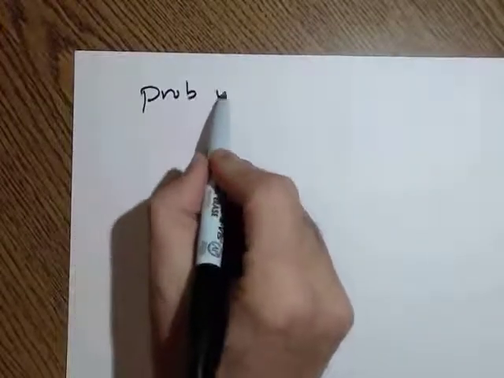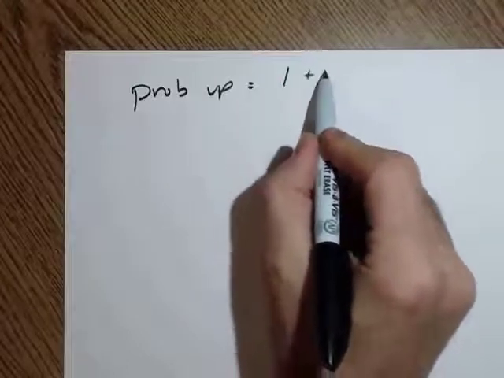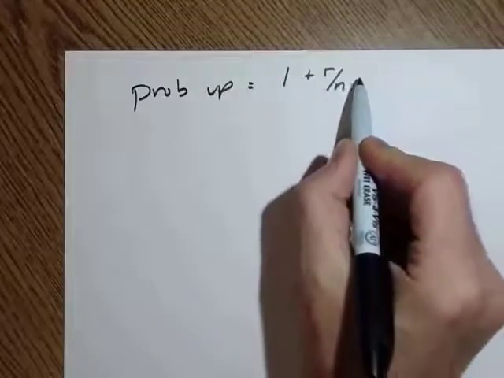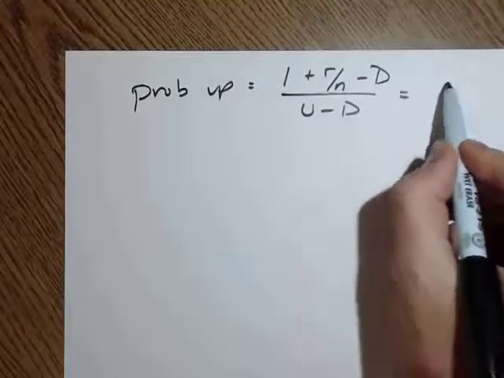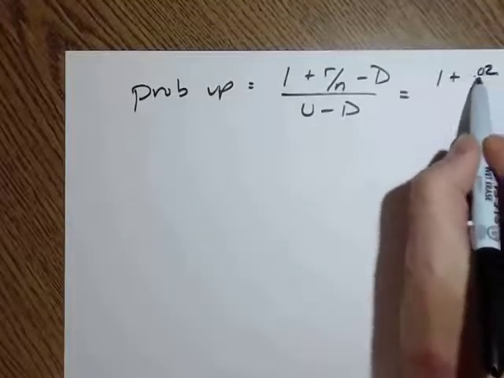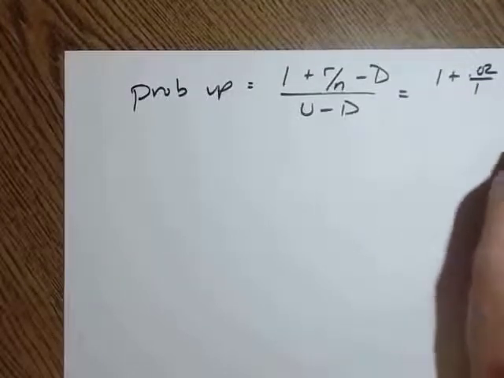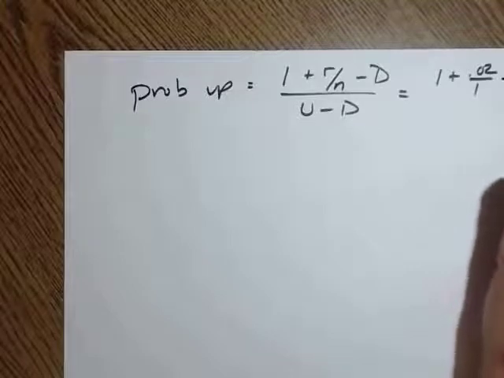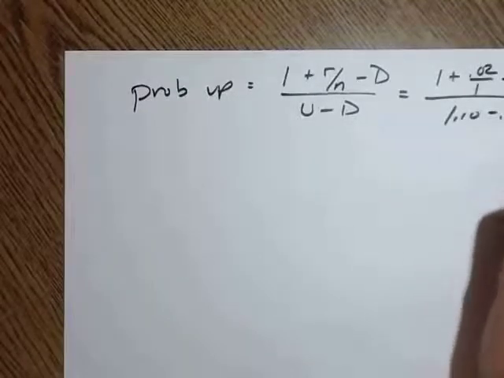Before we go further, we need the probability of an up move. If you recall, the probability of an up move is (1 plus R over N minus D) over (U minus D). That's 1 plus the 2%, and it's 1 step per year, minus 0.9091, divided by 1.10 minus 0.9091.